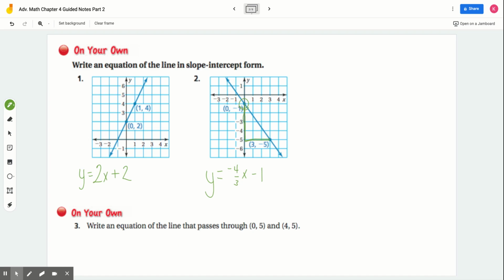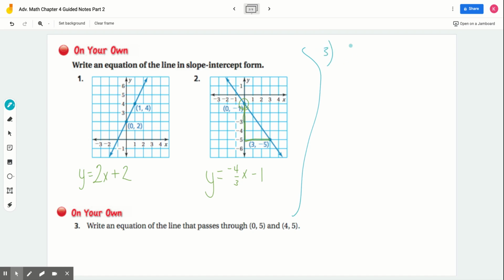On number 3, write an equation of the line that passes through the points (0, 5) and (4, 5). Now remember that we can find the slope. I'm going to change colors here and make a box.